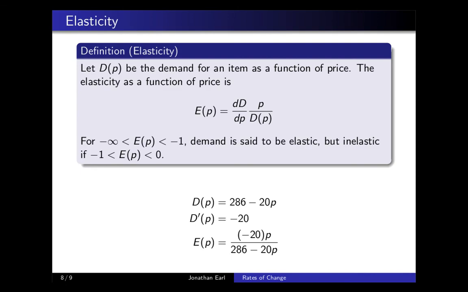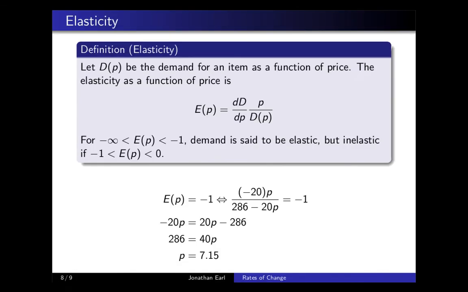Then what we want to do is find where e is equal to minus 1. So we'll solve e equal to minus 1 for p, and when we do that, we get 286 equals 40p. In other words, our price point is going to be $7.15, where the demand is going to flip from being elastic to inelastic.